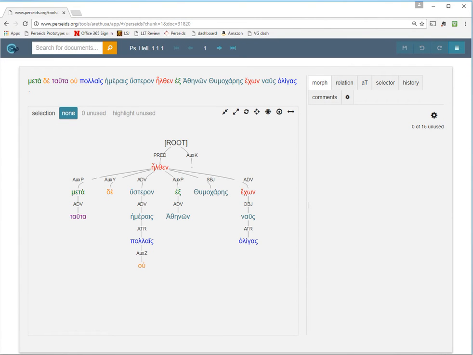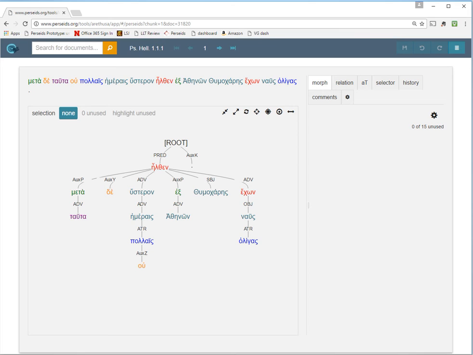So here we have a little Xenophon, Hellenica, 'Meta de tauta hypolais hemerais hysteron elthen ex Athenon Thymocares echon naus oligas.' After a few days, later, from Athens came Thymocares with a few ships.